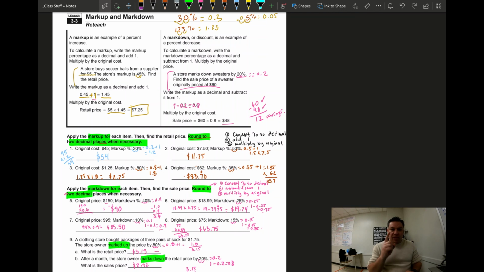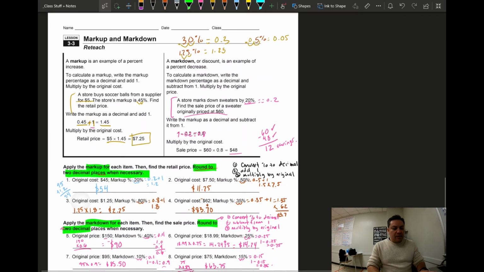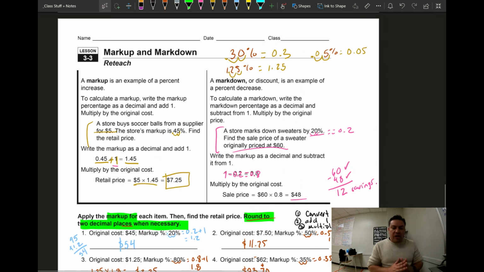Markdown. Step 1, convert percent to decimal. Step 2, subtract from 1. So you're going to do 1 minus whatever the decimal is. And then step 3, multiply by the original price. And you have to expect the price to go down. That is markup and markdown.